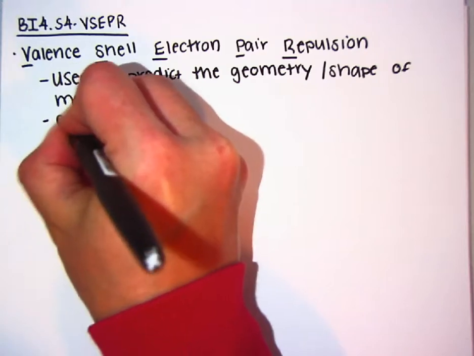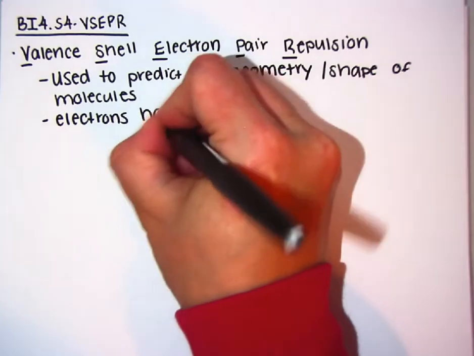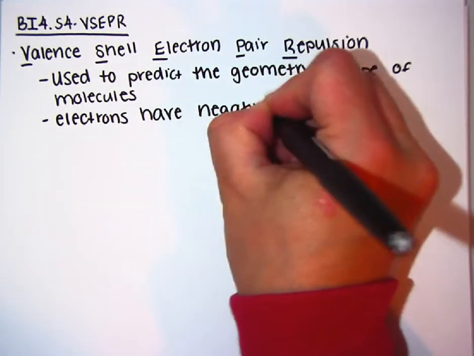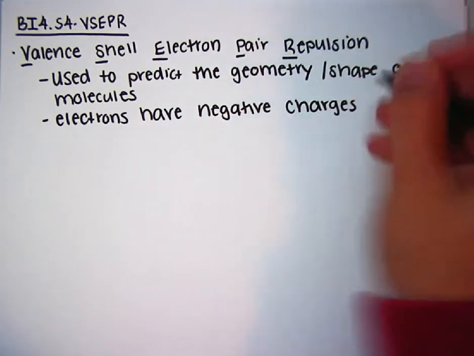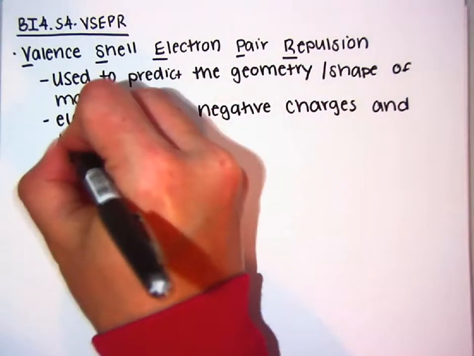We know that electrons are negatively charged, and we know that like charges repel.